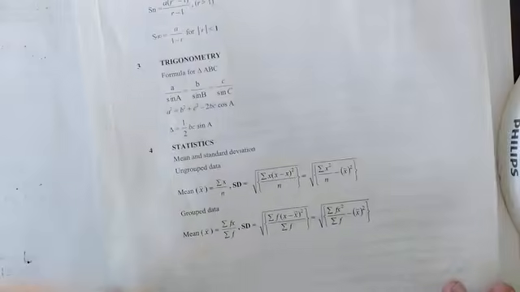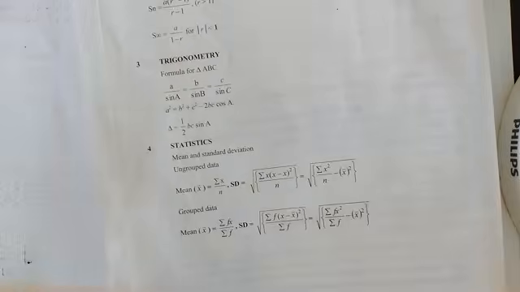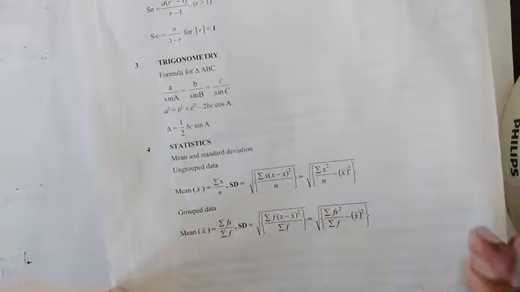Now, to get the standard deviation, there are a lot of formulas that you can use. This is the formula that we are going to use for finding standard deviation. The formula is always given.